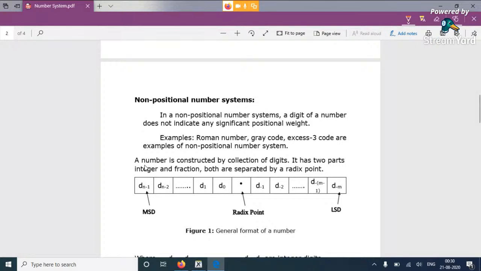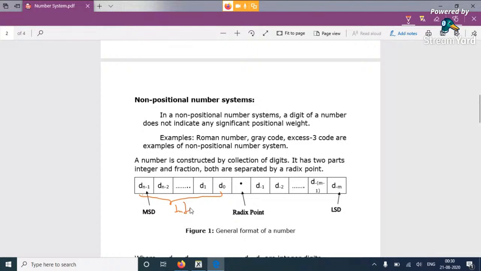Next, a number is constructed by a collection of digits. So every number has two parts: integer and fraction. Both are separated by a radix point, which in decimal we call the decimal point. This is the general format of a number. If we write any number, this is the radix point between the parts, and on the left side of this radix point is called the integer part.